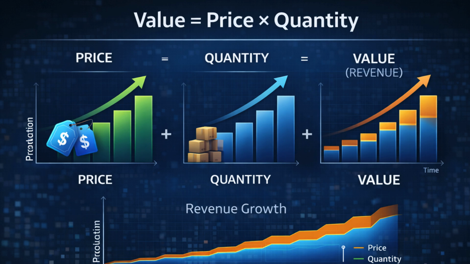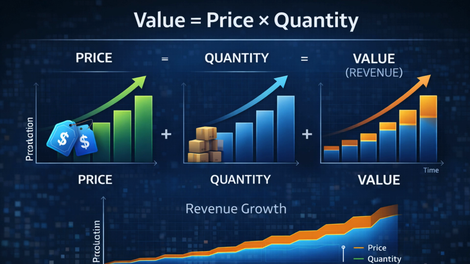Finally, we have value index numbers. Value indices measure the change in total value, which combines both price and quantity. Value equals price multiplied by quantity. The formula becomes: value index equals total value in current period divided by total value in base period, multiplied by 100. This type of index is useful when we want to analyze overall economic performance.